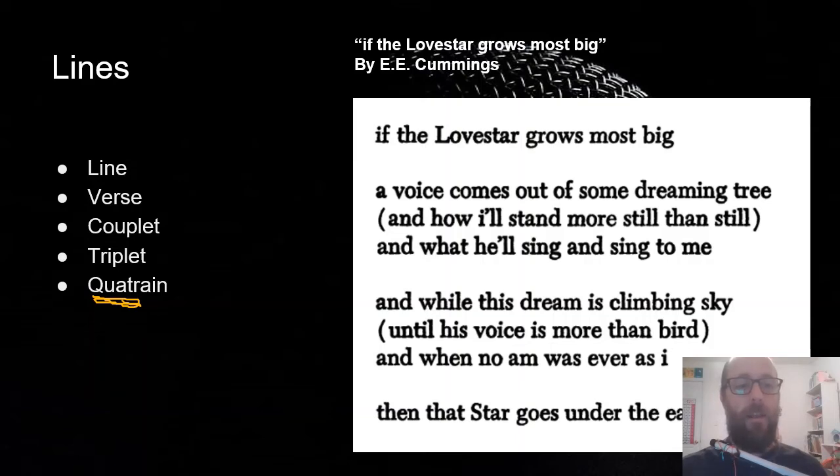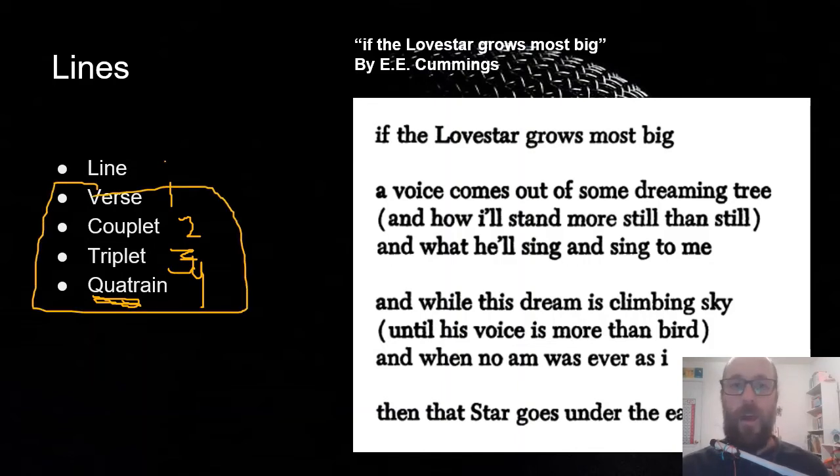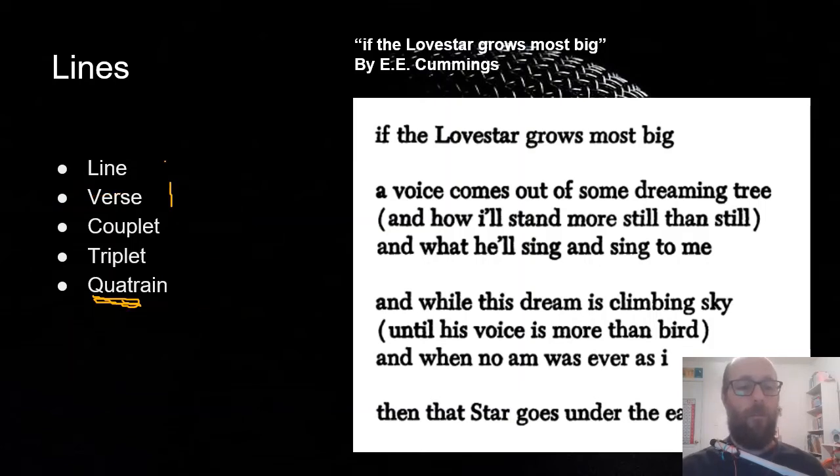A line is a verse, which is 1, okay? A couplet is 2, a triplet is 3, and a quatrain is 4. So these are all stanzas built of different numbers of lines. Okay? Cool. Go ahead and write down the definitions in your own words.